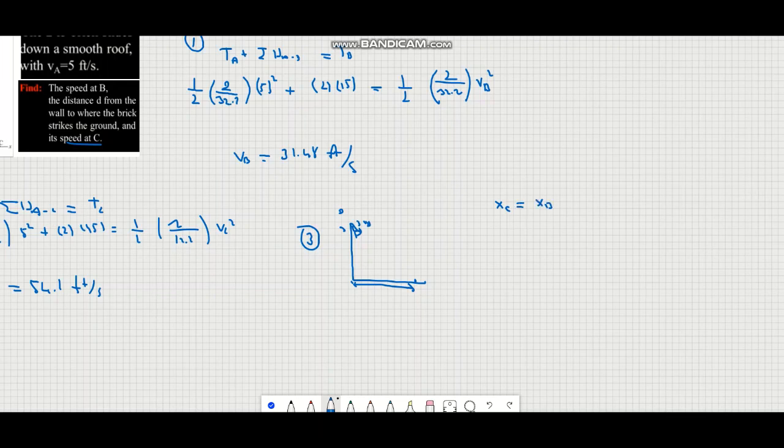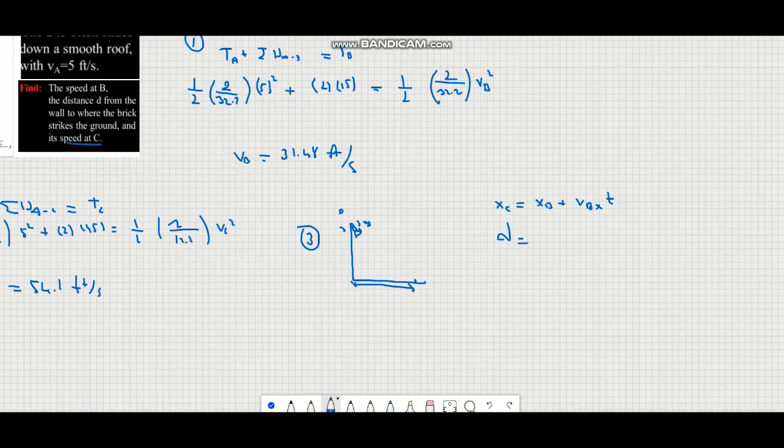From the knowledge of the horizontal line, we know that XC is equal to XB, which is the position of C, is equal to the position of B plus the horizontal velocity VBX multiplied by the time of flying. So XC minus XB is D, which is equal to VBX t.